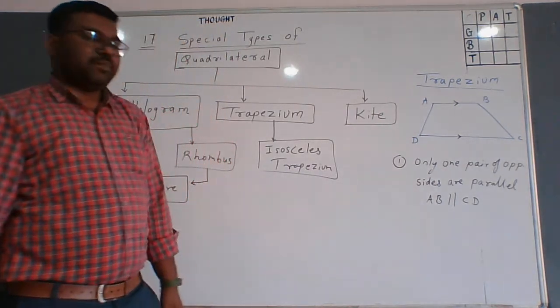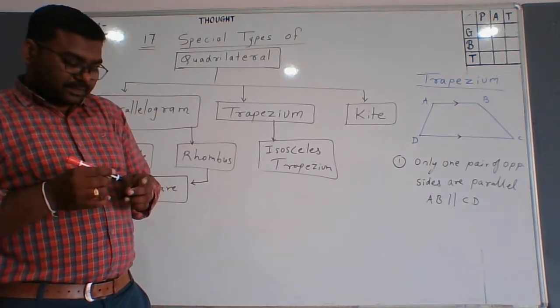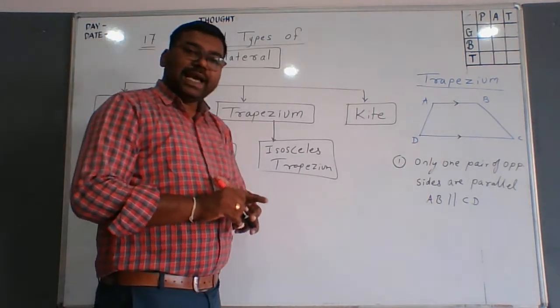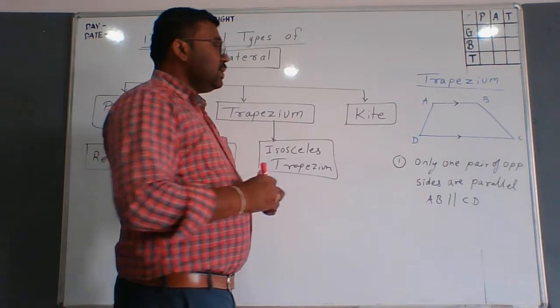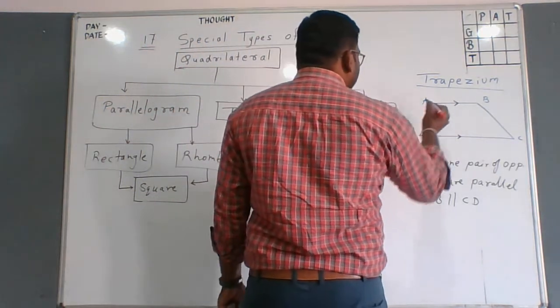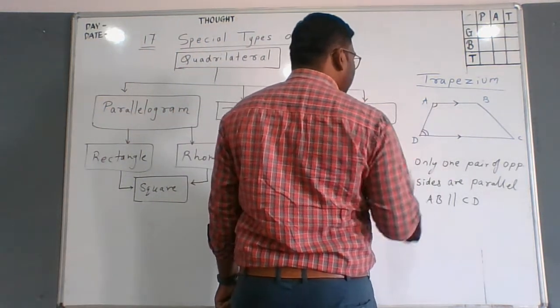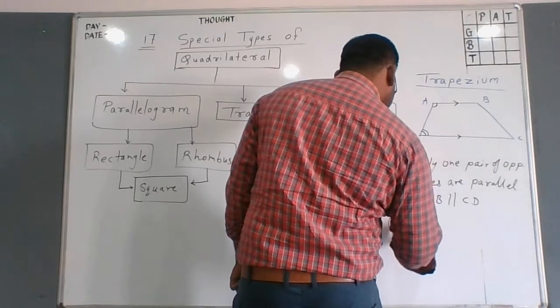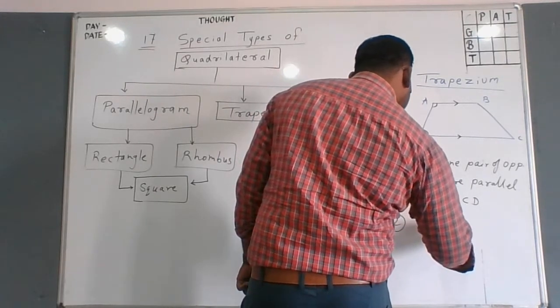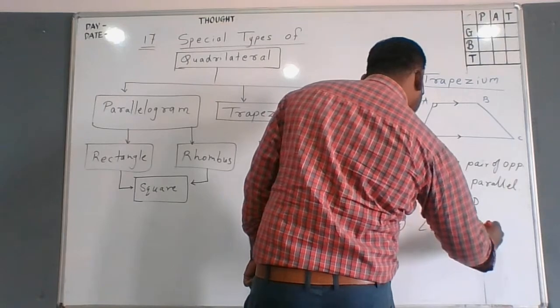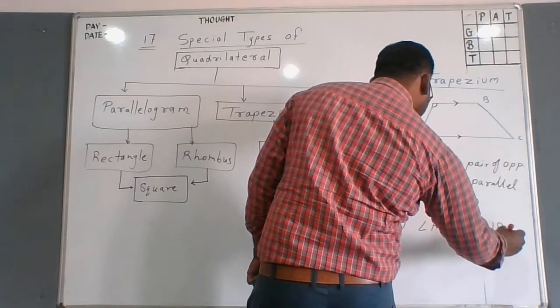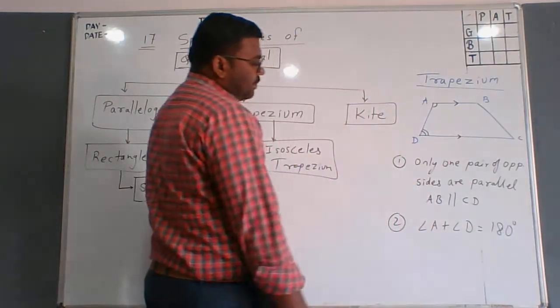Next, the second property is adjacent angles are supplementary. It means angle A plus angle B is equal to 180 degrees.